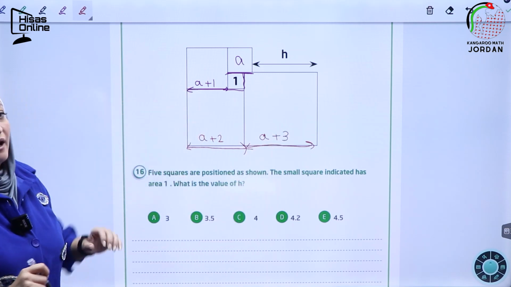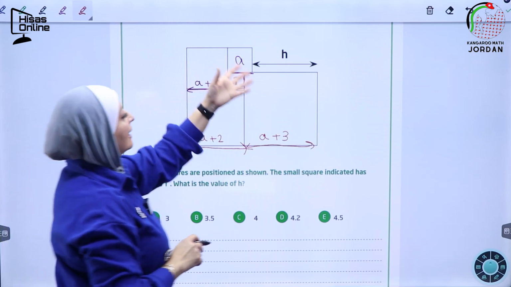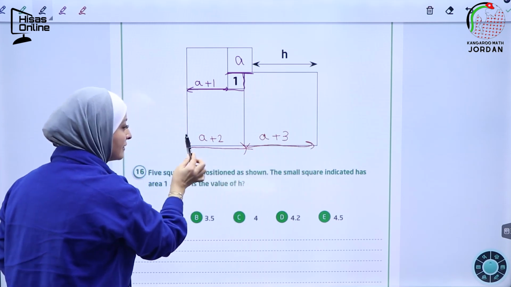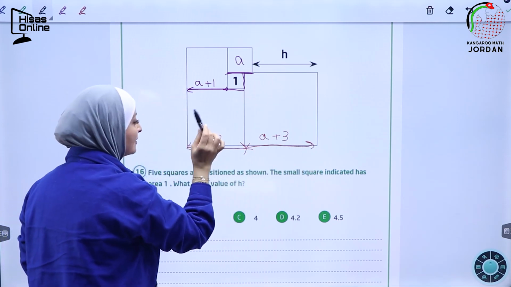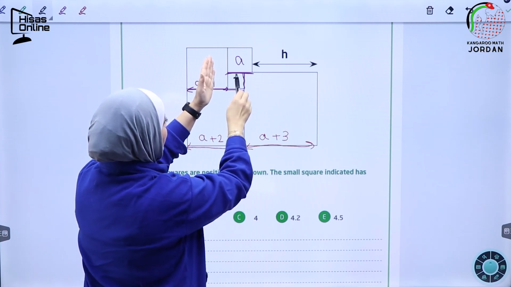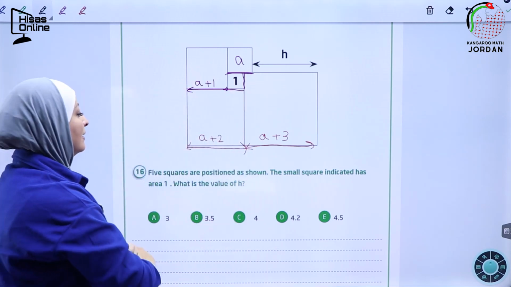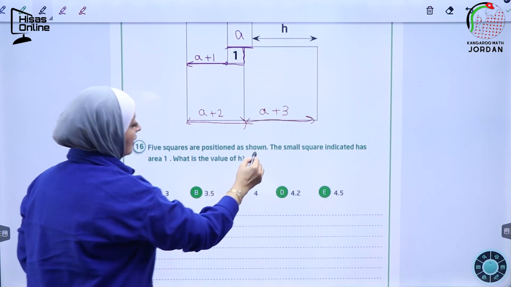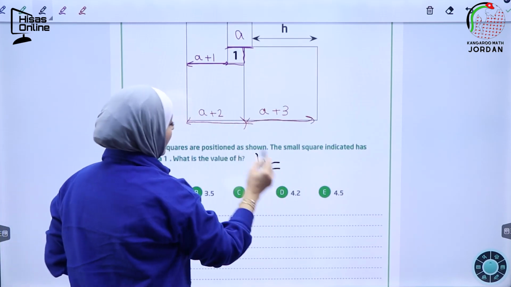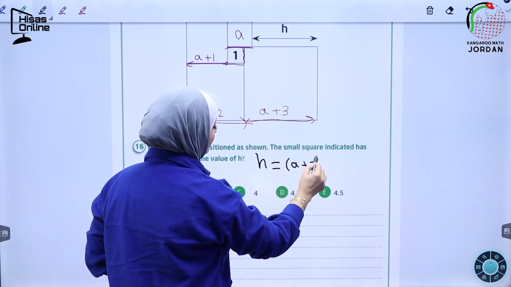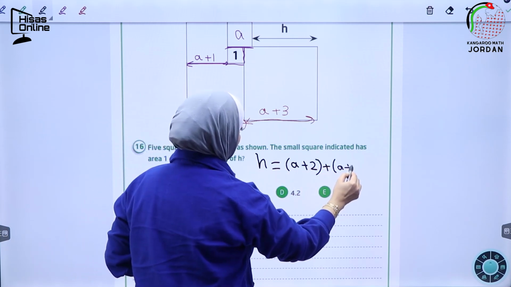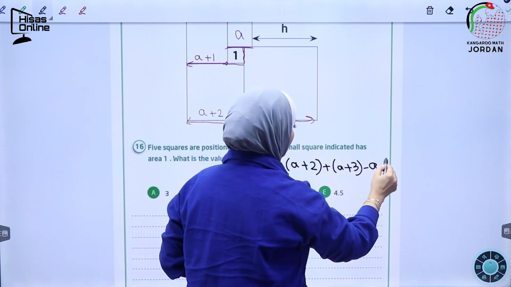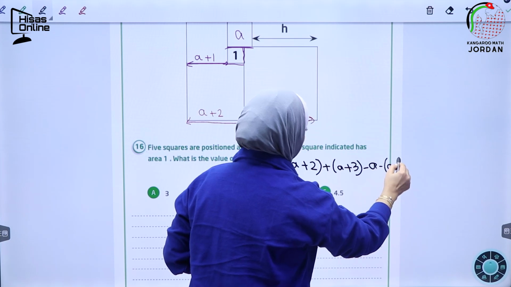I will use all what I have got now in order to find h. If we think about it, h is the whole stuff down minus what? Minus this and this, right? Let's do that as an equation here. I will say h equals A plus 2 plus A plus 3 minus the top part, which is A minus A plus 1.